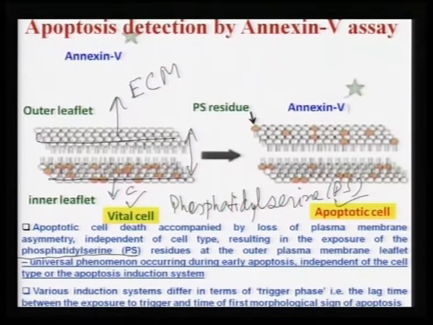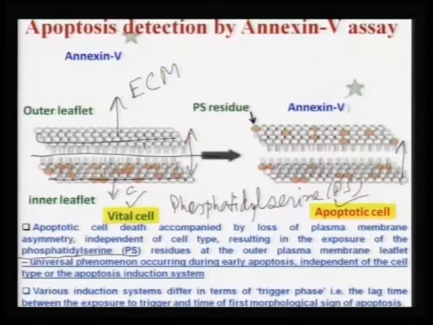When the cell is apoptotic, what will happen? There is asymmetry of the plasma membrane structure. Asymmetry means some of the phosphatidylserine molecules will now be exposed to the extracellular matrix in the outer leaflet. But in the live cells, all the phosphatidylserine molecules are exposed to the cytoplasm only. Now, once they are exposed to the extracellular matrix, there is a dye called annexin 5.